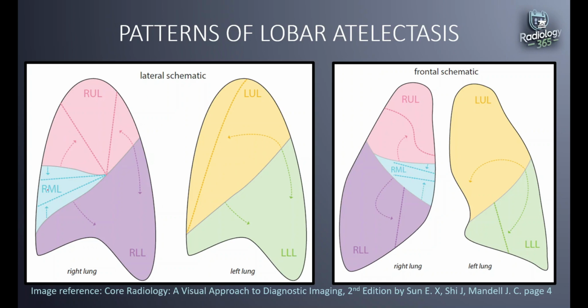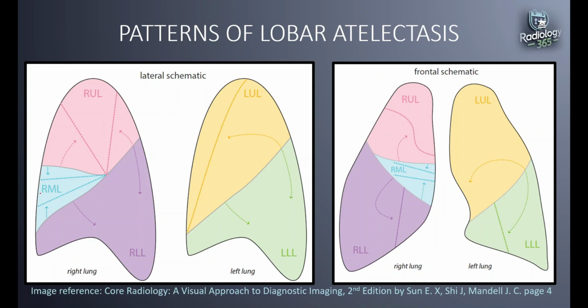We are looking at this image in a sagittal view, the side of the image. This is the right middle lobe, this is the right lower lobe. If the right upper lobe were to collapse, the minor fissure would rise to join here, and then the oblique fissure would also rise.